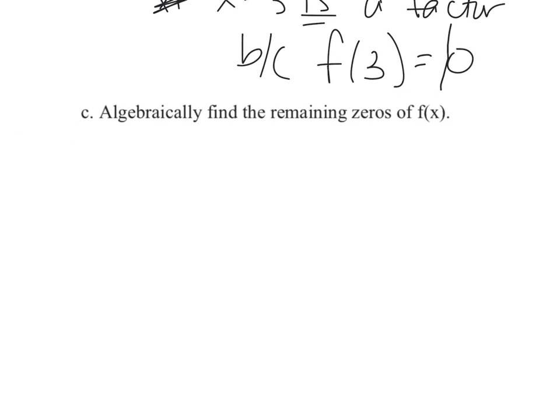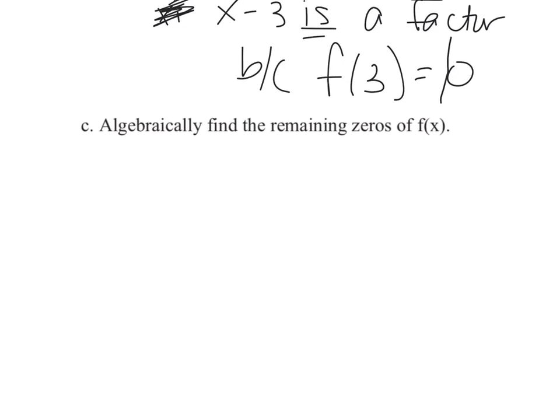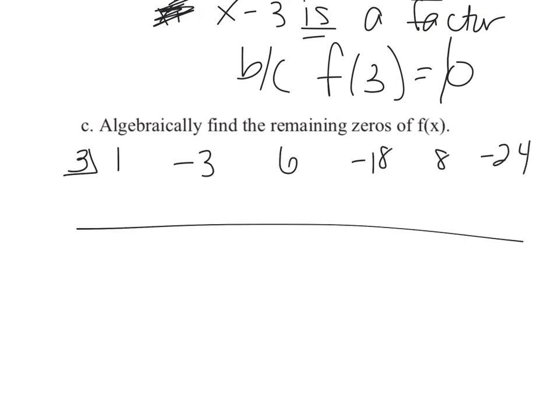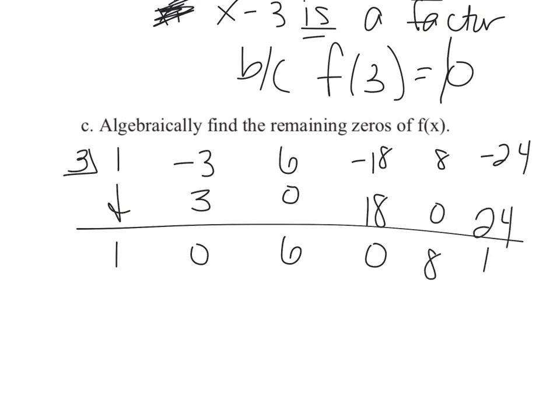So I'm going to put 3 inside the house and take all my coefficients. Drop down the 1. 3 times 3 is 3. 0, 0, 6, 18, 0, 0, 8, and 24, which gets you 0, which is what should happen.